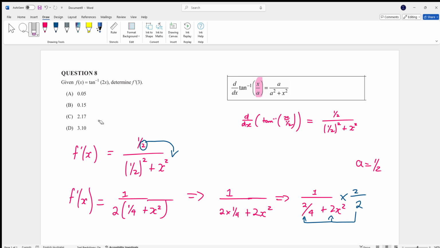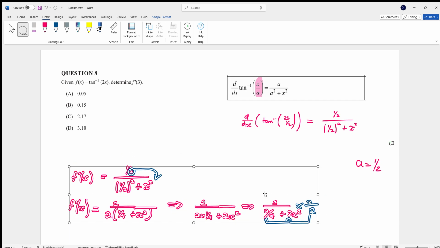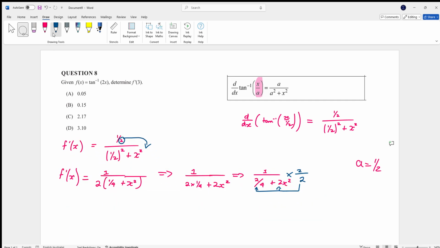Now you don't have to do this, however, if this was a short response question, I would definitely recommend this, because it's the only way you'd be able to do it if it was a short response and you had to demonstrate all your working. So here, you would get 2 over 1 plus 4x squared. And if you don't believe me, if you try to differentiate that, it would turn into your exact answer.